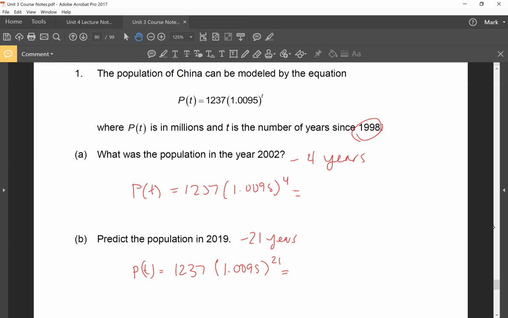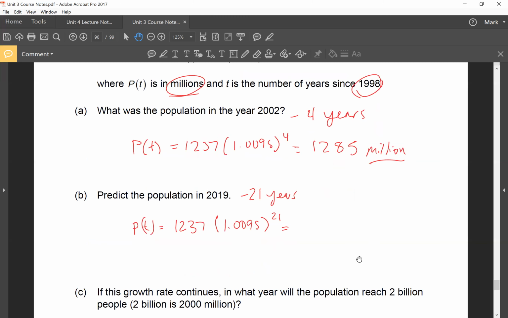So I end up getting, not a big increase in 4 years. Well, it is a lot of people, but in terms of the number, 1285, let's say, million. Remember, the number is in millions. So this would be 1,285 million or 1.2 billion. So a lot of people, 1.3 billion, I guess. You'll notice I rounded the year up. So there you go, 21 years. Let's try that.